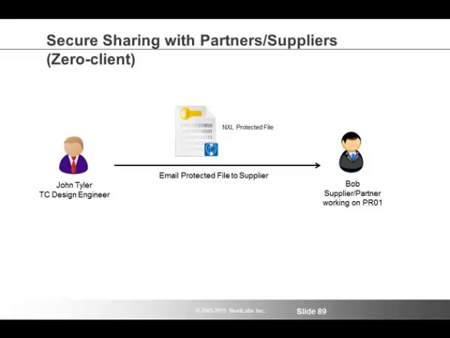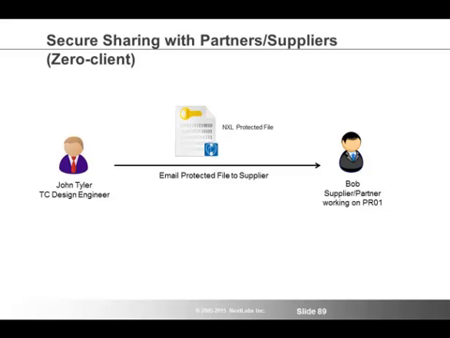We also have a zero client functionality, which means you don't need to install any NextLabs software. You can just use a web browser to view the protected documents. So nothing needs to be installed locally on the machine, on the workstation, on the laptop.